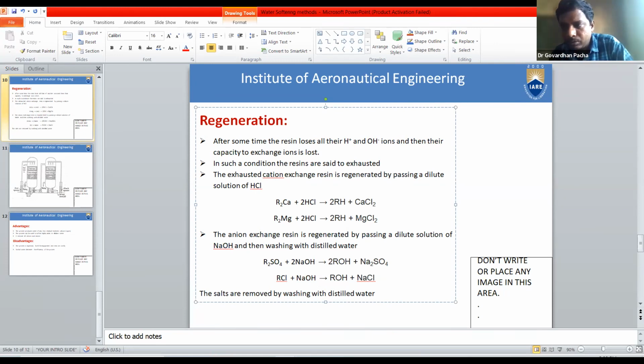That means it removes both acidic and alkaline impurities.